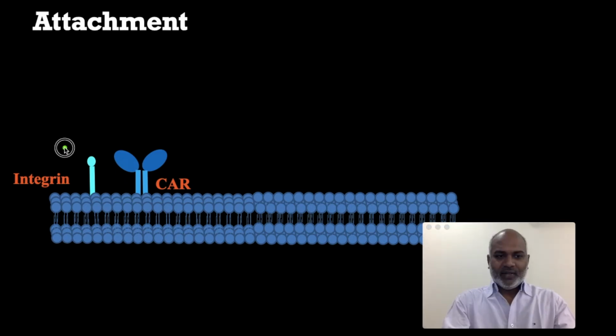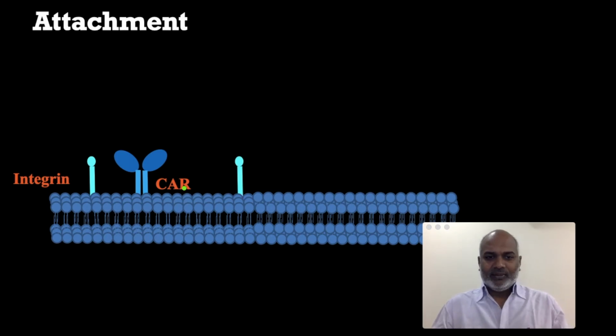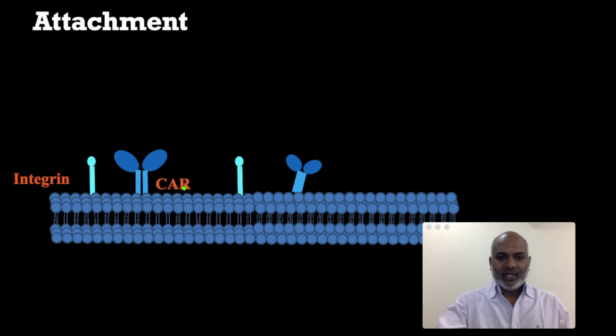One is called integrin, another one is called CAR. CAR means Coxsackie adenovirus receptor. By using those two receptors, our adenovirus tries to bind.